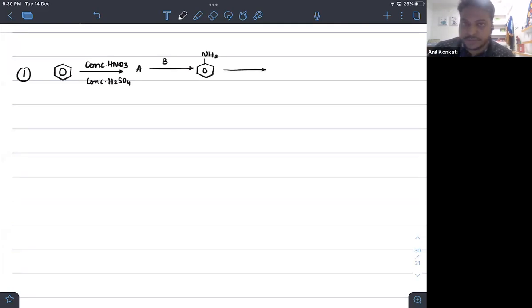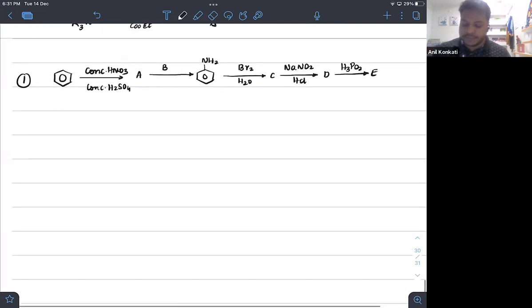That, if you treat with Br2 and H2O, you get C, which on treatment with NaNO2 and HCl gives D, which on reaction with H3PO2 gives E. Find A, B, C, D, E.